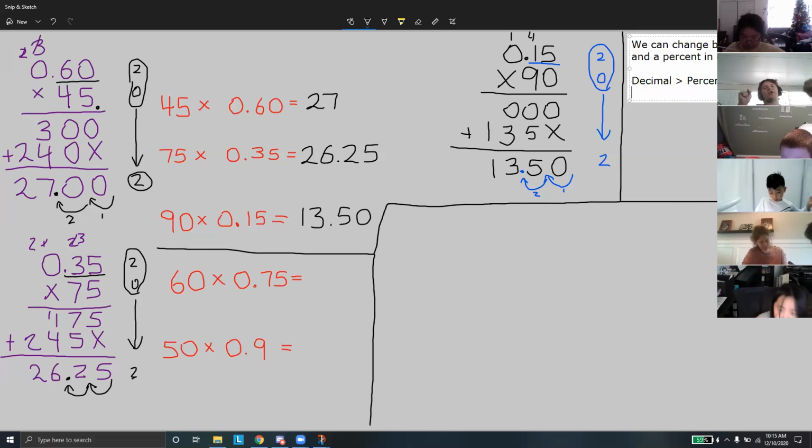Hey guys, this is where our Latin root words pay off finally. If we take a look at decimal, we remember deci, 10. Deci means 10. And cent, cent means 100, right? So, how do we turn a decimal into a percent? Well, times 100.